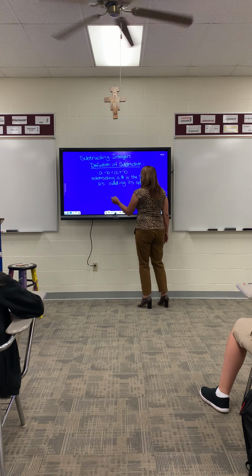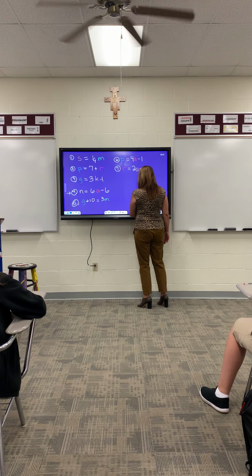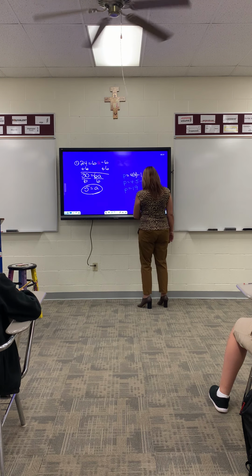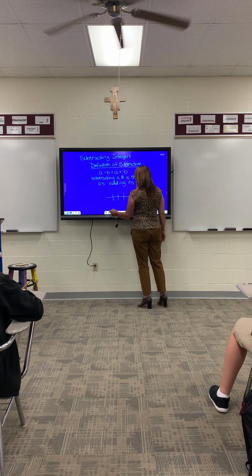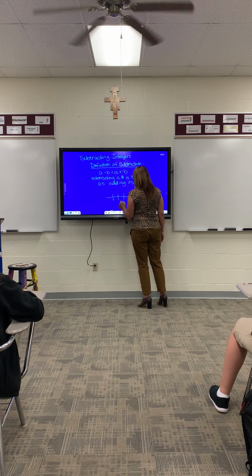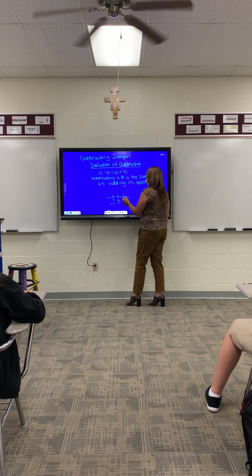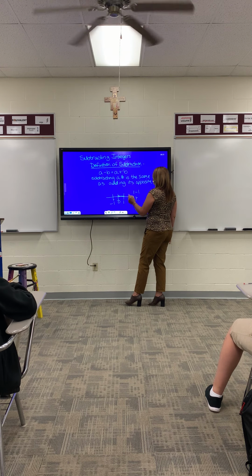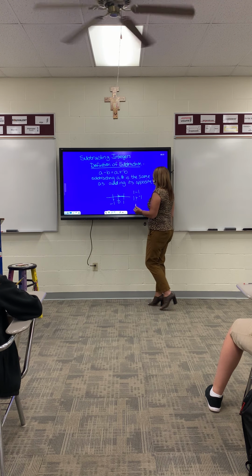I'm going to draw the number line. Okay, so if I'm on 1 and I subtract 1, I'm going that way, right? And I get 0. If I'm on 1 and I add -1, this negative makes me go back this way anyway, and I still get 0.